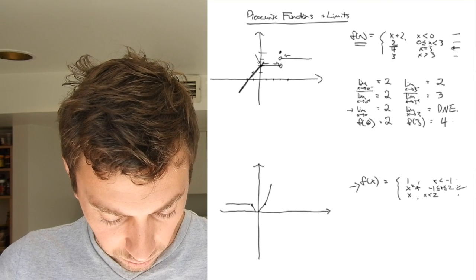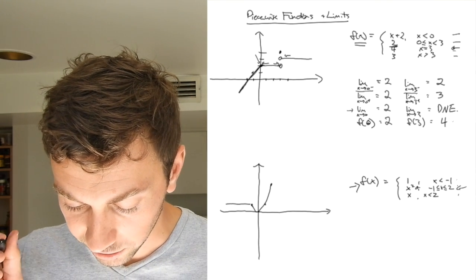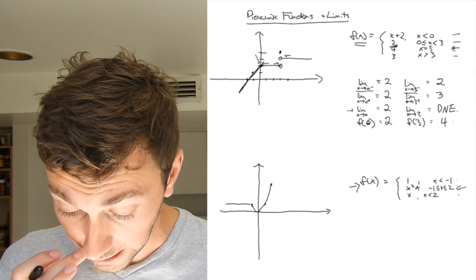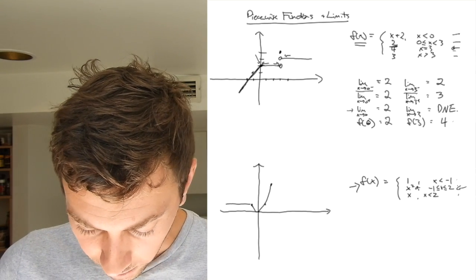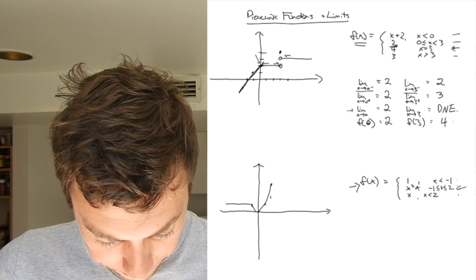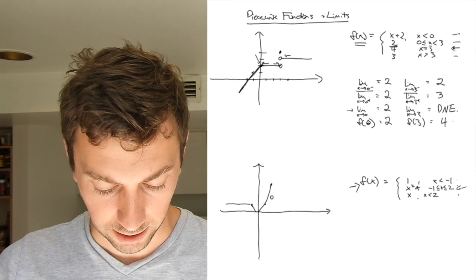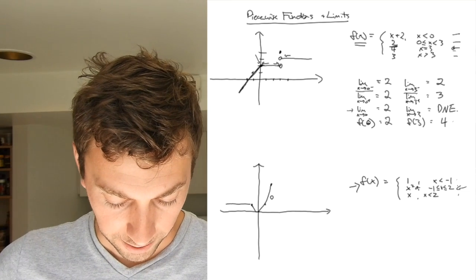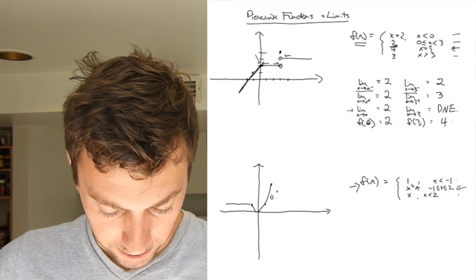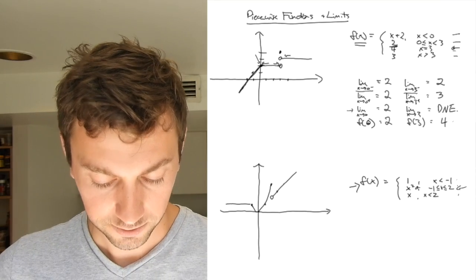So I fill in the holes on both sides. And then x is greater than 2, it's the line y equals x. So I put a hole there because this is another line, and that's just the straight line with y-intercept 0, but I'm going to go across one, up one, across one, up one. It's going to be like that.